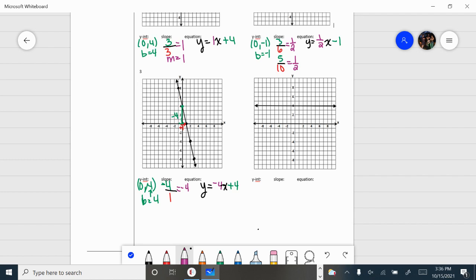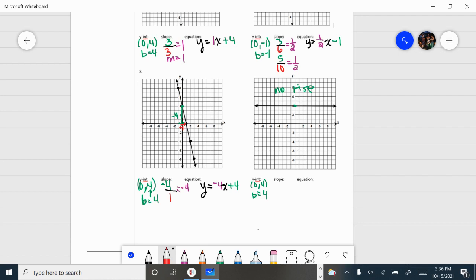All right. And then our last equation, let's take a look at this one. Our y-intercept is here at (0, 4), so our b is going to be 4. For our slope, I have no rise. It's not going up or down.